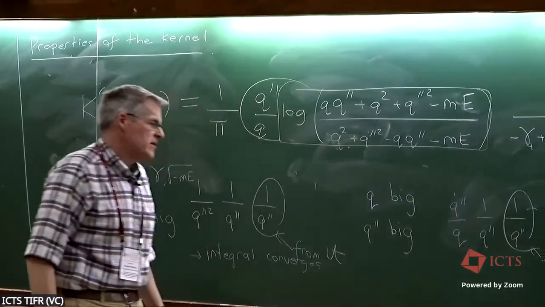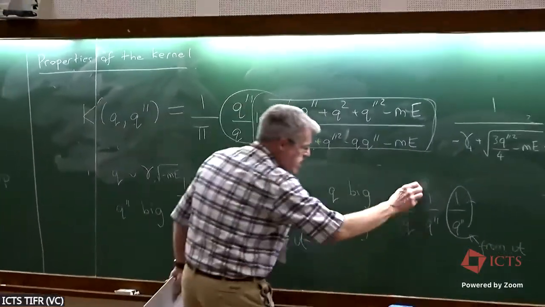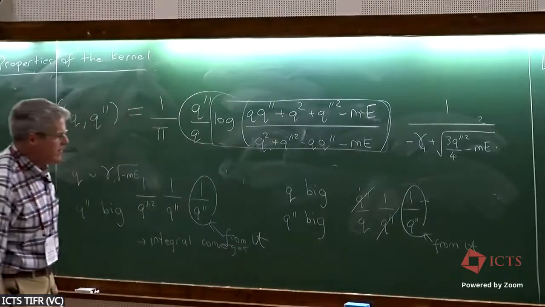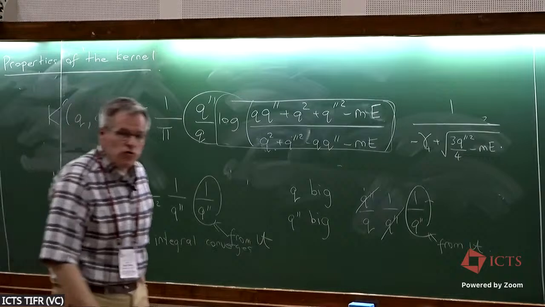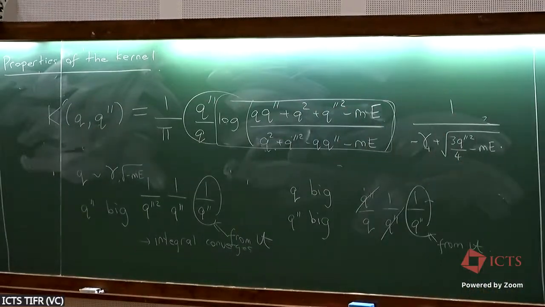But this is a one-dimensional integral, and this is not enough to make sure things converge. So in fact, if you try to put this on a computer, you're going to have to put a cutoff on the integrals in order to make sure that things behave.